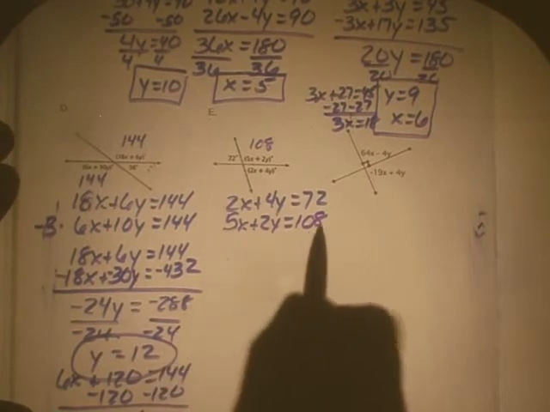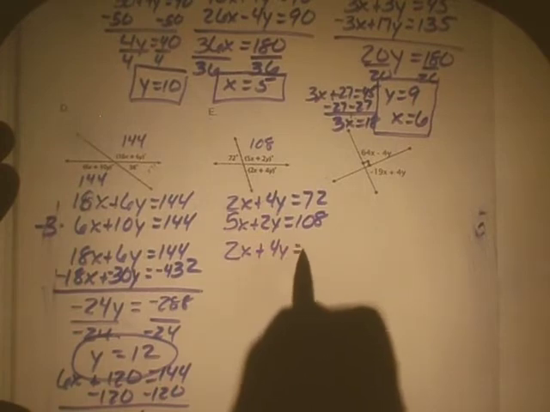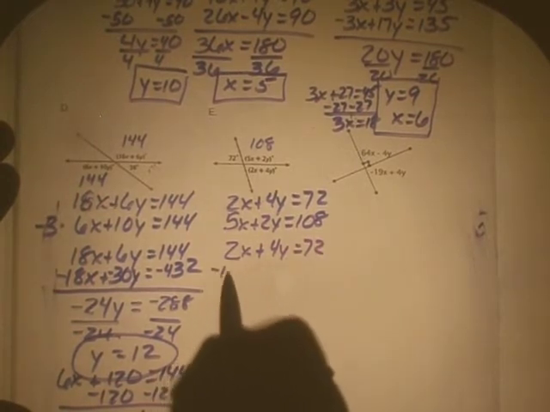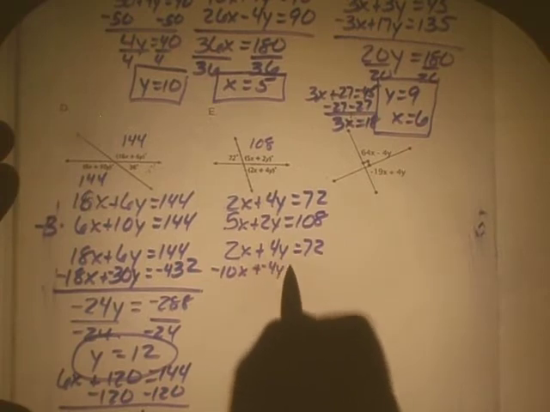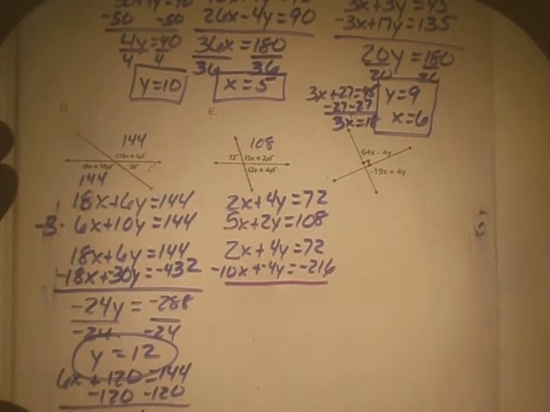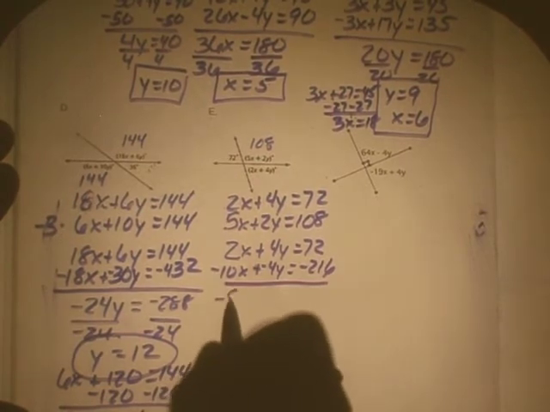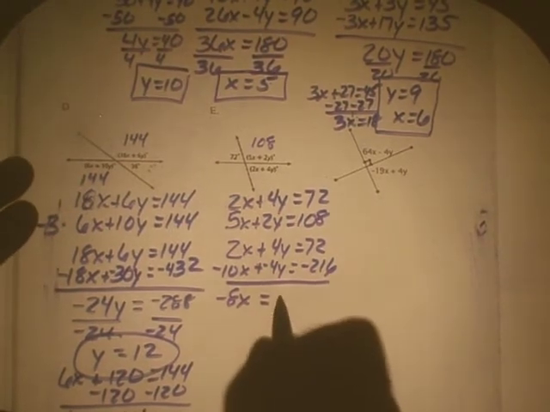I'm going to multiply this whole second equation by a negative 2, and that becomes negative 10x plus a negative 4y equals a negative 216. So negative 8x equals negative 144.